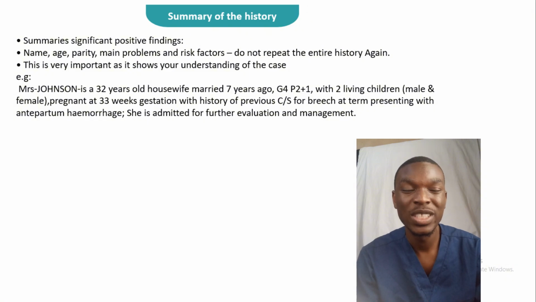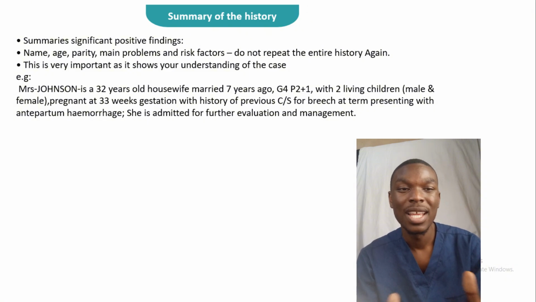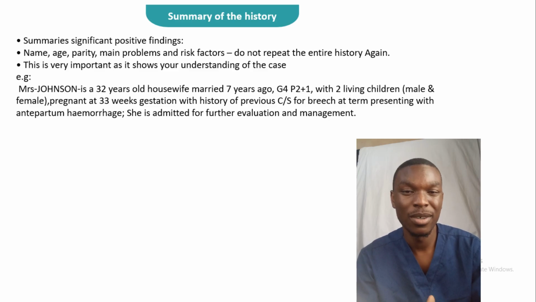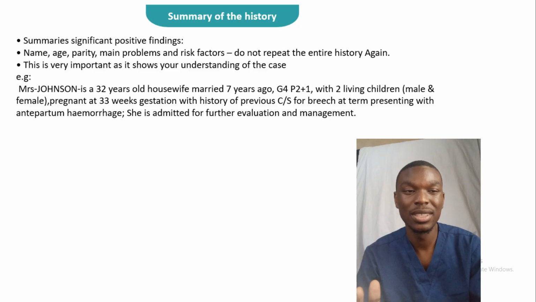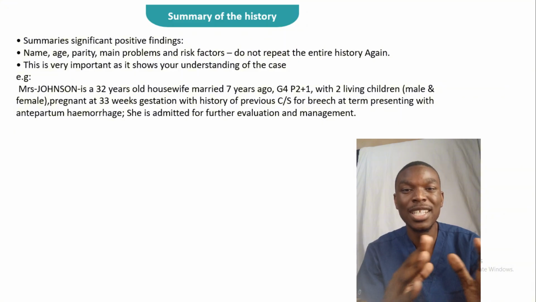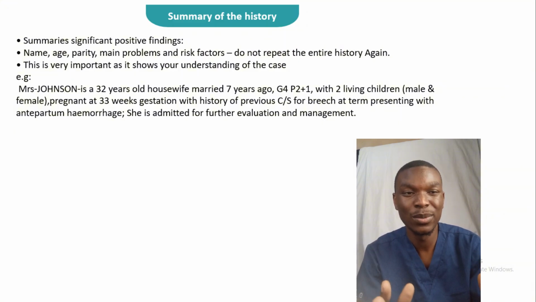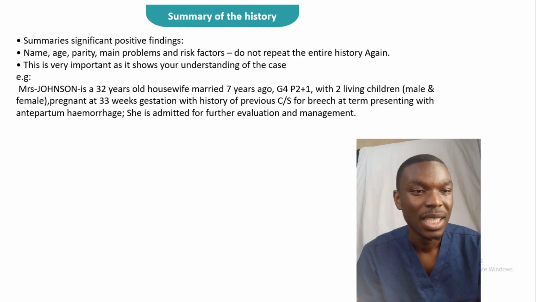And how long they have been married. You see she's in a stable relationship, so most likely the husband will be there for her during all this period. So in just this short part, we have a picture of the demography of the patient we are seeing.